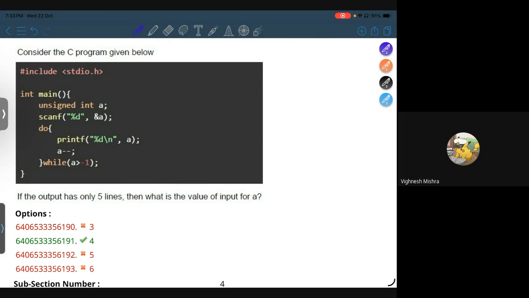If the output has only 5 lines, what will be the value of input A? 5 lines means this runs 5 times. For the first time, let's suppose the value is 0 for now, or any x.